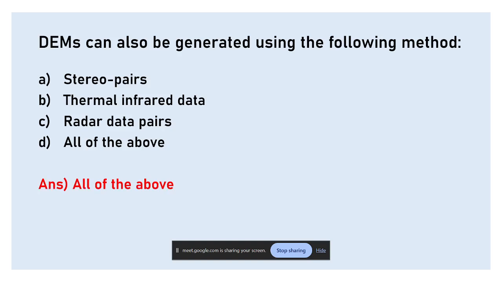Okay, so it is all of the above. You can create DEMs using stereo pairs, thermal infrared data, or radar data pairs.